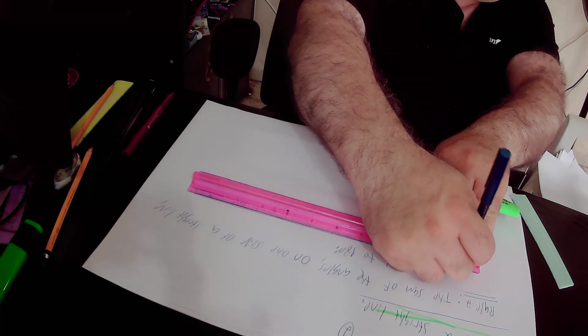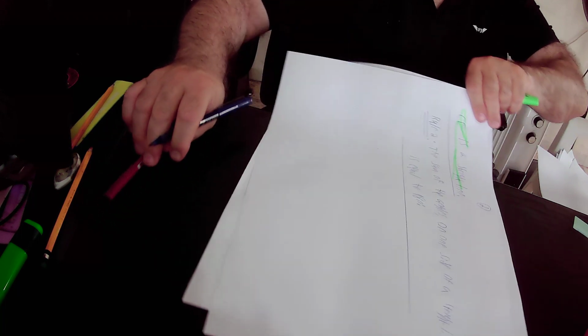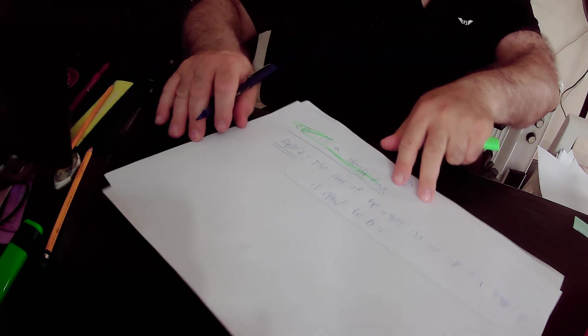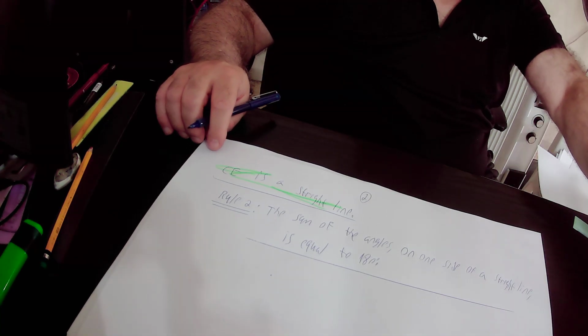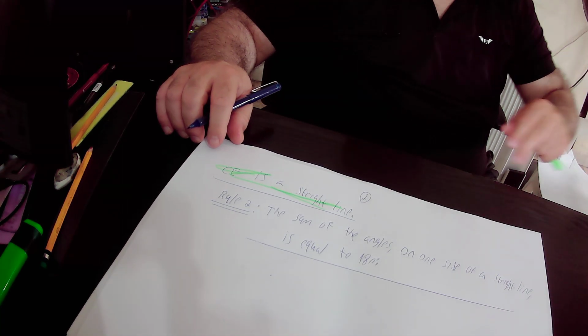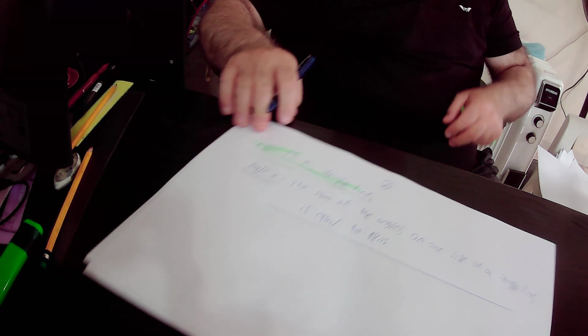Alright, rule number 2 again. According to rule number 2, the sum of the angles on one side of a straight line is equal to 180 degrees.